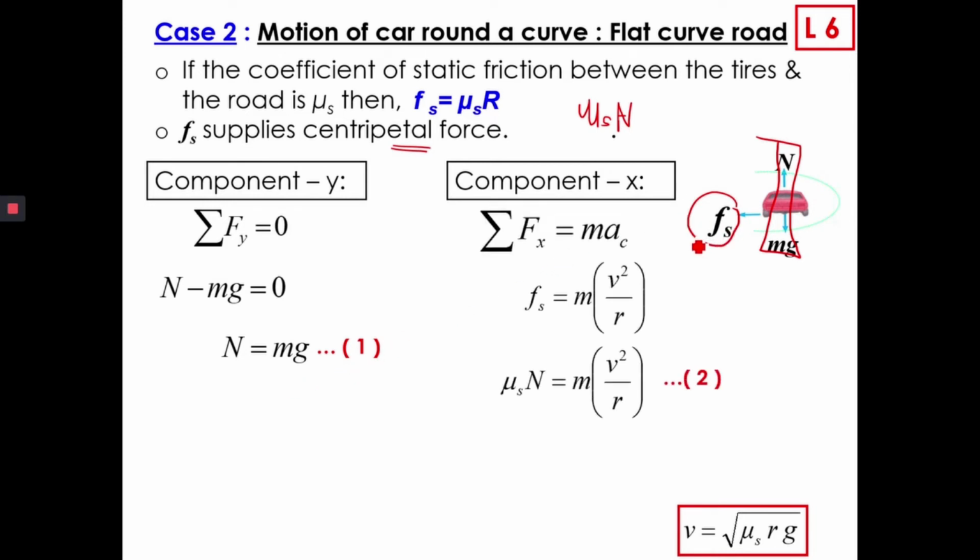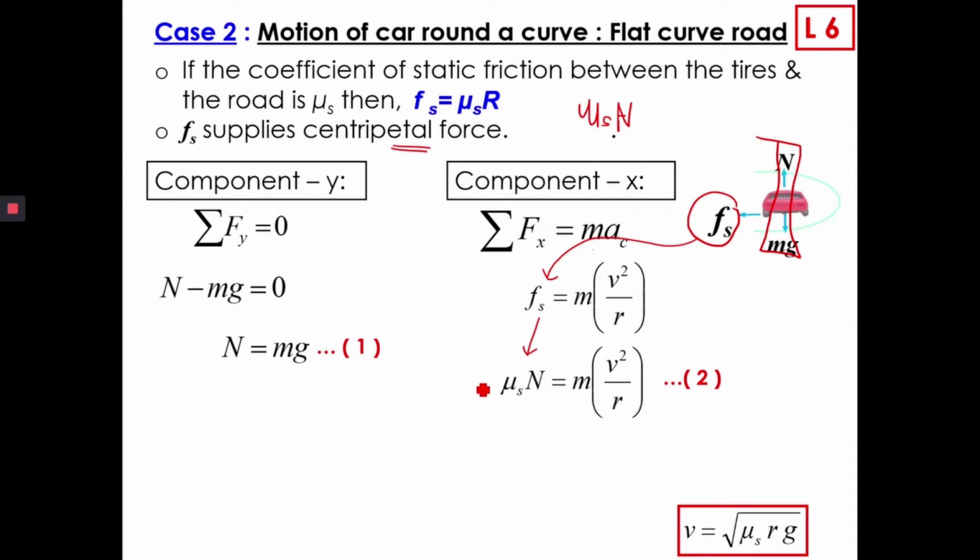In component x, as we have derived just now, component x is related to your centripetal force. Force towards center is equal to your frictional force. So Fs equals mv squared over r. The formula for frictional force is mu times your normal force equals mv squared over r.